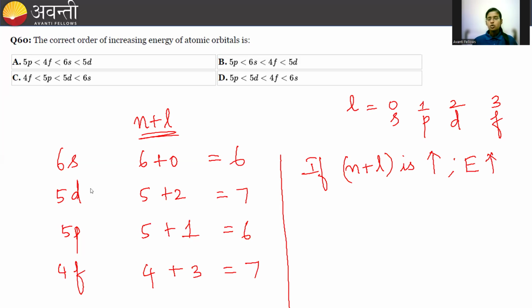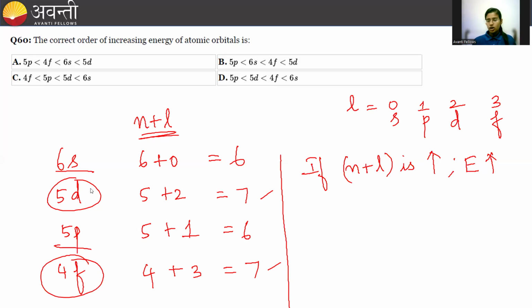We have two orbitals having n plus l value as 6 and two orbitals having n plus l value as 7. The ones having the highest n plus l value will have the highest energy. So first we have to look into 5d and 4f. Now, among 5d and 4f, how to find out which is higher in energy?